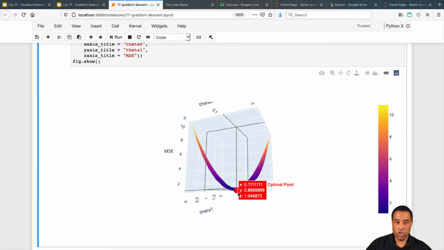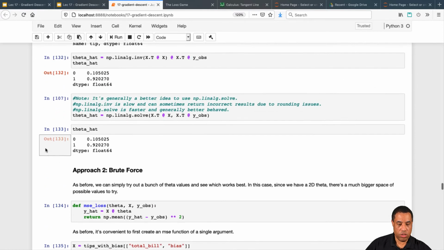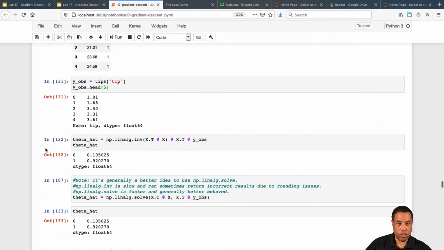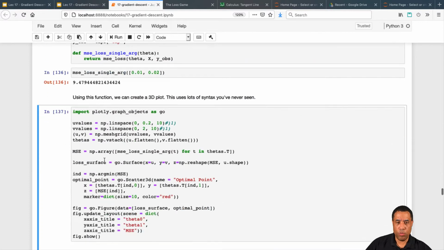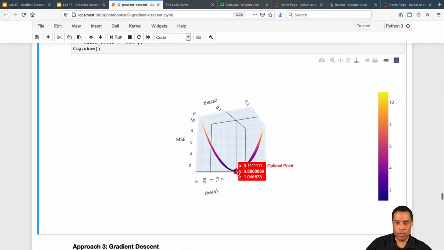Our closed form solution, if we go back up here, was 92 cents as our y-intercept and 10.5 cents as our tip slope. And yet when I look at our minimum here, it's 88 cents for our y-intercept and 11.1 cents for our slope. So why is that?